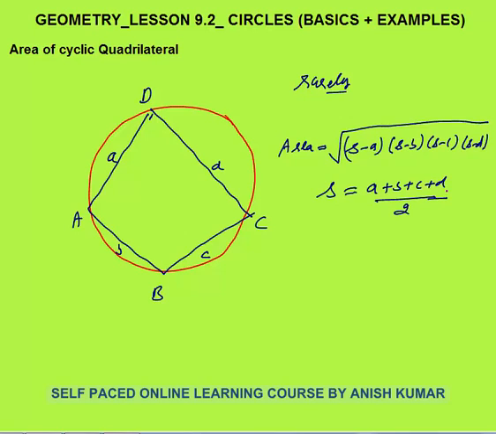It's very similar to Heron's formula. s is the semi-perimeter of the quadrilateral. If you know the values of a, b, c and d, you can find the area of this cyclic quadrilateral. Again, this formula is rarely used, but you must still know it in case a question comes.